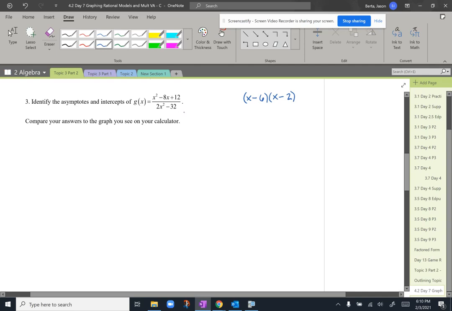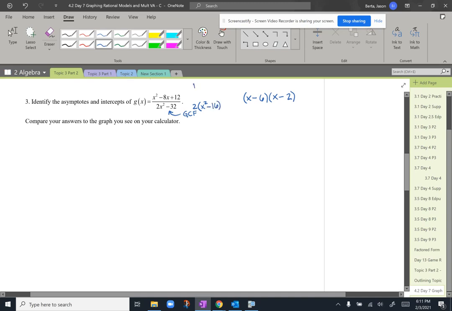For the bottom, I actually notice that there is a greatest common factor. That's another little trick we can look at. This term, 2x squared, and this term, negative 32, both have the factor of 2, so I can pull that out. What I'm left with inside the parentheses is x squared minus 16.